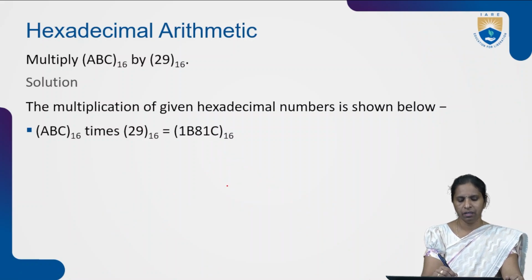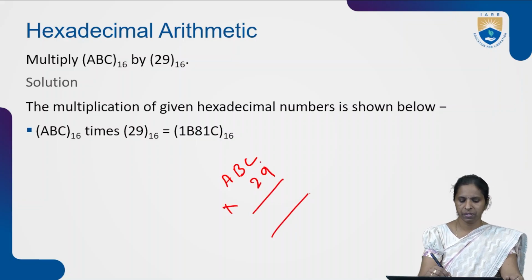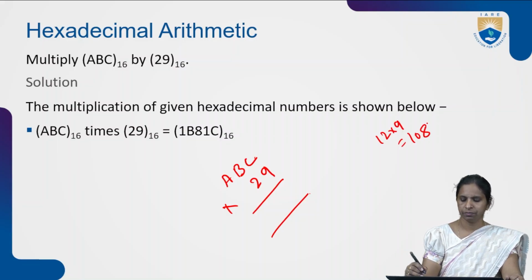And what is the next here? ABC into 29. You have to perform it. So first, what are you doing here? C into 9. What is C here? C is nothing but 12. 12 into 9 is nothing but 108.